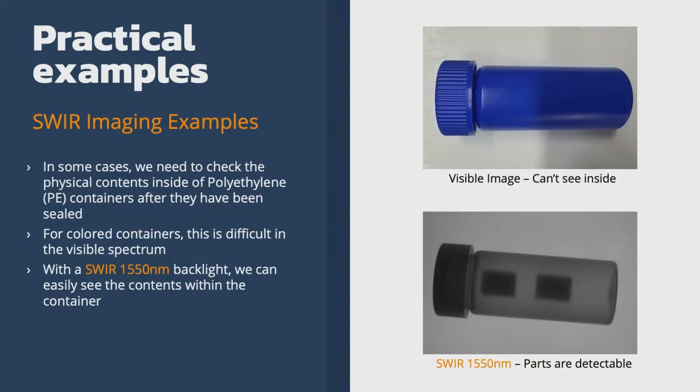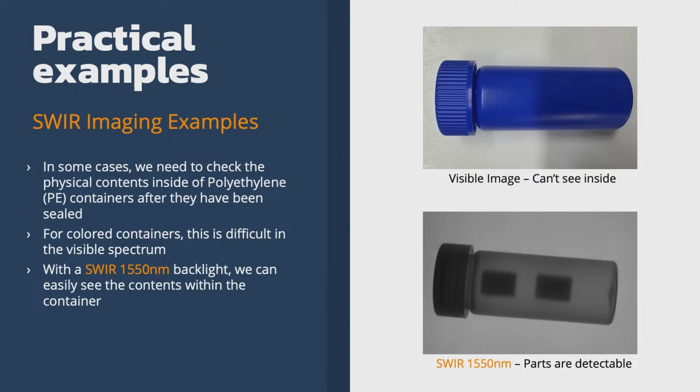In this example, we're going to come back to our polyethylene packaging, but we're not going to look in this case for fluid levels. In this case, we have a container that's used for packaging other parts. When we look at the visible image, we can see that this is a very opaque, in fact, opaque blue container that you have no chance of seeing through.